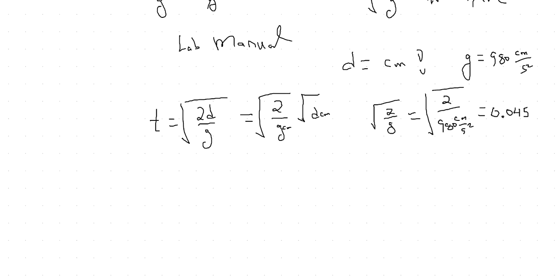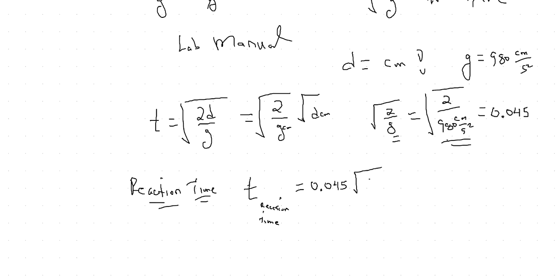So that means when you measure the length that the ruler falls in centimeters, your reaction time, they simplify it, is this: T reaction time is equal to the square root of 2 over G, 2 over 980, which is 0.045, and then we take the square root of D. This is the distance the ruler drops in centimeters.